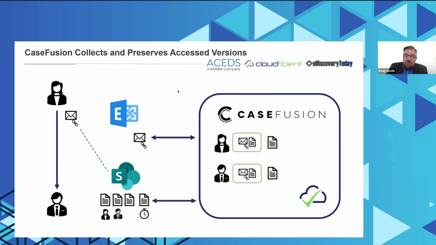A question here, what about non-organizational hyperlink files, Dropbox, iCloud, etc.? What responsibility would exist to collect and to attempt to collect and preserve those? My position is, it comes back to possession, custody, and control. If it's outside of an organization's purview, no pun intended, then that's not their responsibility.